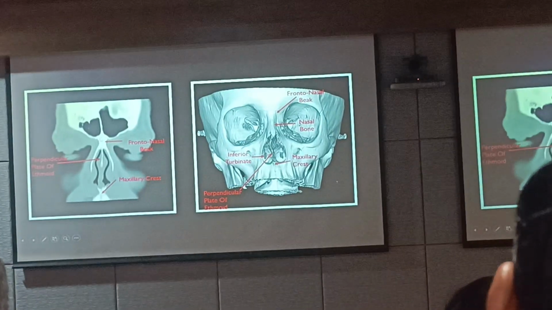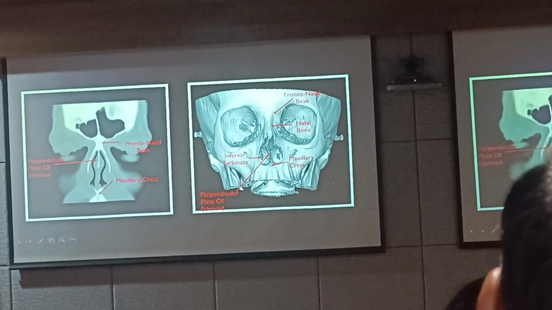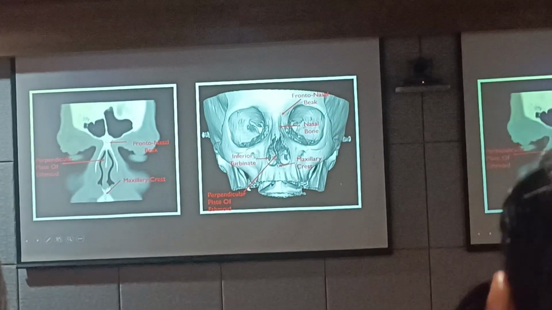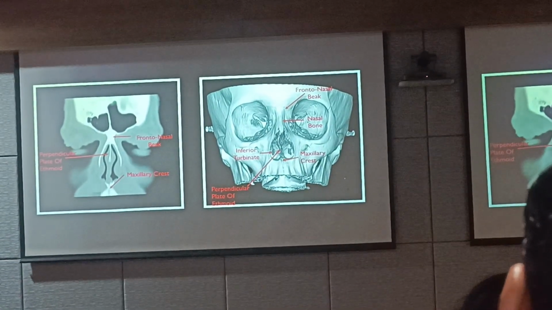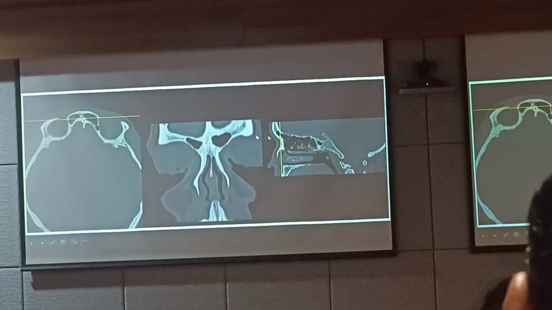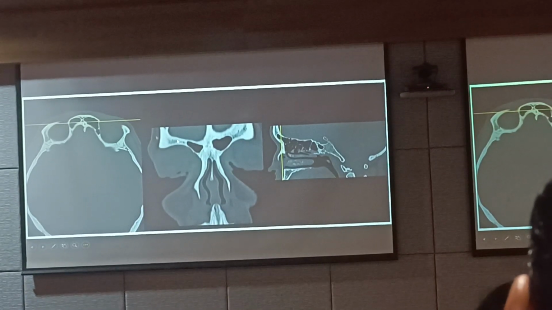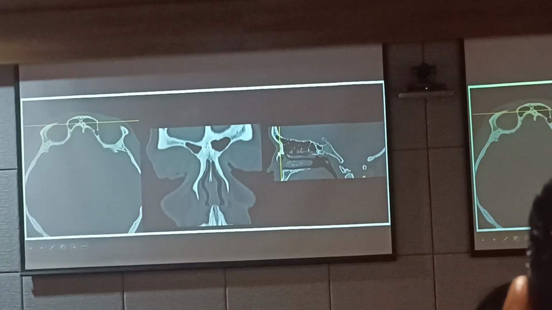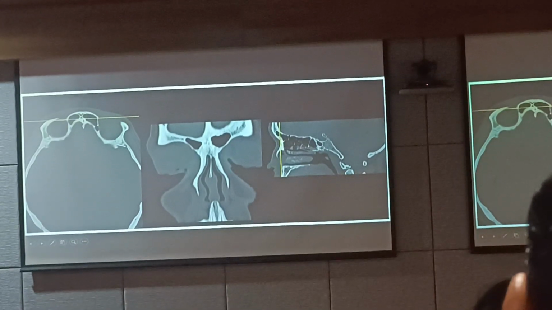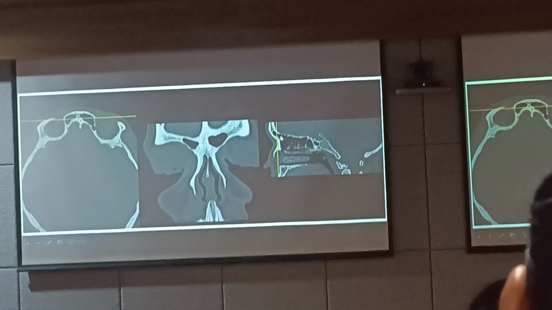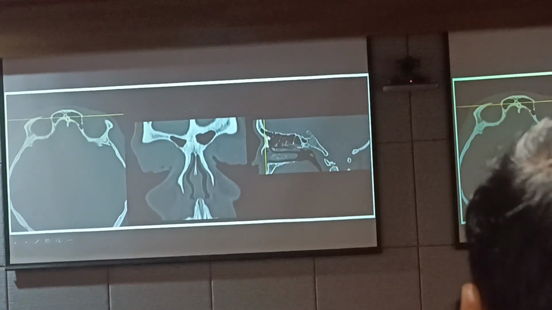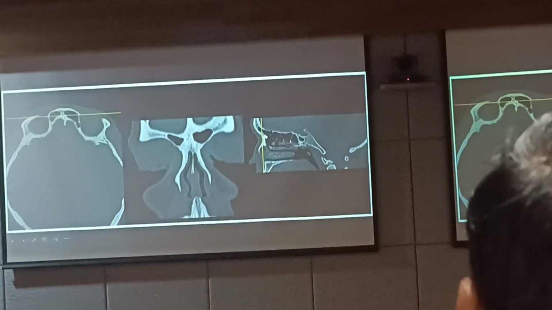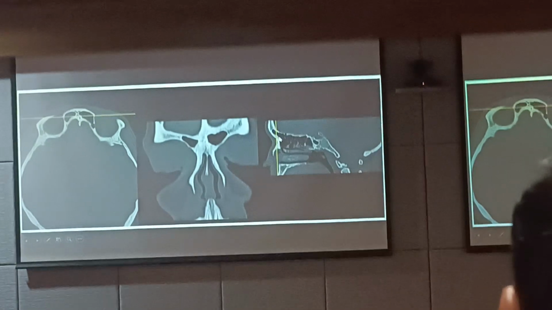So once this disappears, then you get the frontal recess. Clear? So you'll see that, and if you see it on the sagittal scan, see this. This is what it is, a thick beak over here, and this is your line where it is. Behind that, it will be just a black area, which is the frontal recess. Alright? So if you do it like this, you will not find a problem.